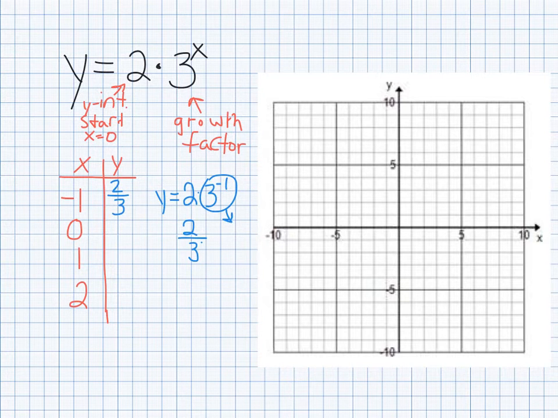When x is 0, y equals 2 times 3 to the 0. I know anything to the 0 is 1, so that's 2 times 1, which is just 2.